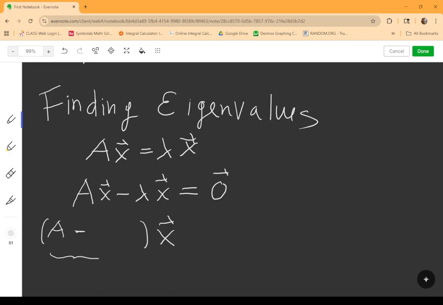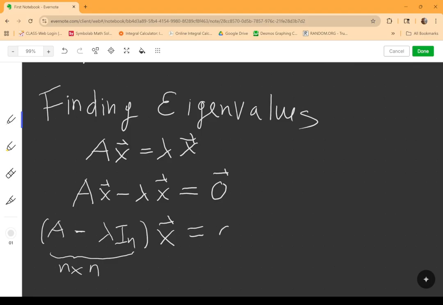This needs to be n by n, so it's not lambda times 1. In terms of matrices, what represents a 1? The identity matrix. So here we have lambda I_n. When factoring this, remember I_n times x gives us the vector x back.